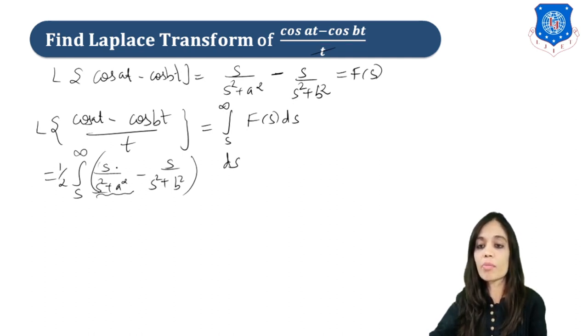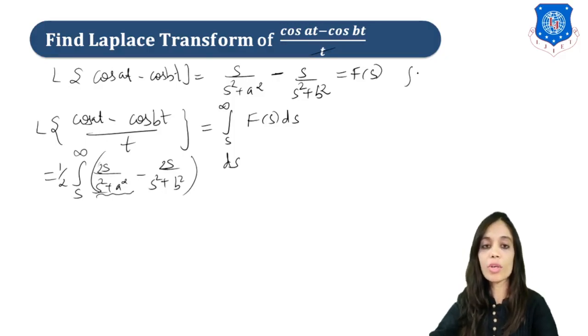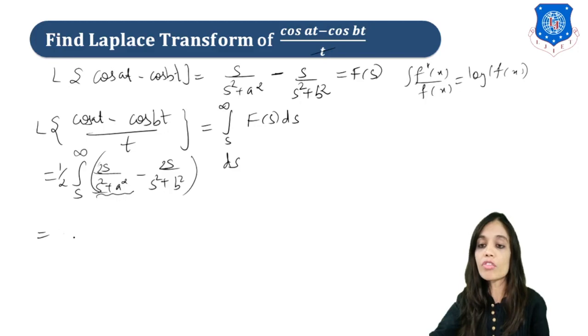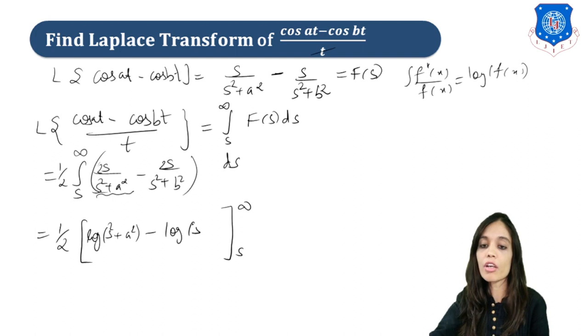So again multiply and divide by 2 in both. So again apply this formula, that is integration of f dash of x upon f of x. It will be log f of x, right? So what we will have? 1 upon 2 times. The integrations of both the terms will be log s square plus a square, and here it will be log s square plus b square using this formula.